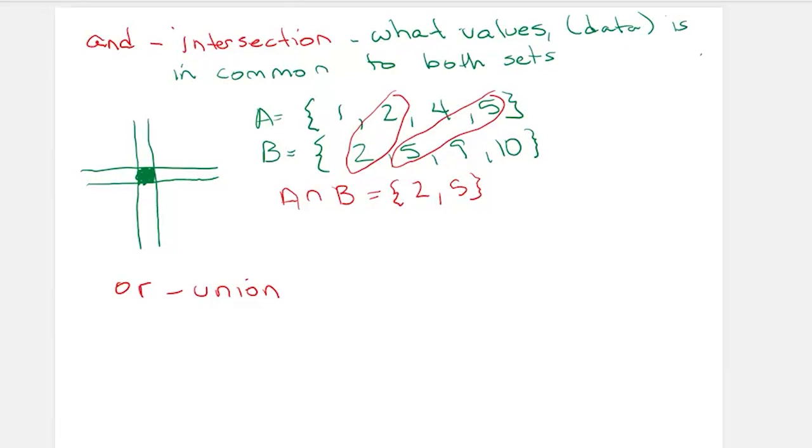The other thing we have is or, which is the same as union. This is really the same as saying what values are in either set.